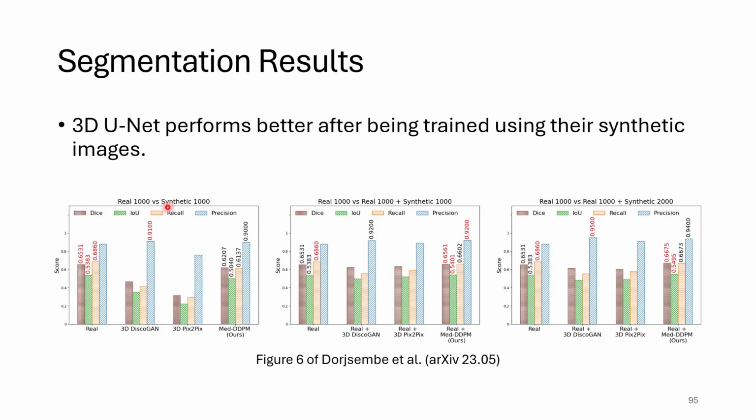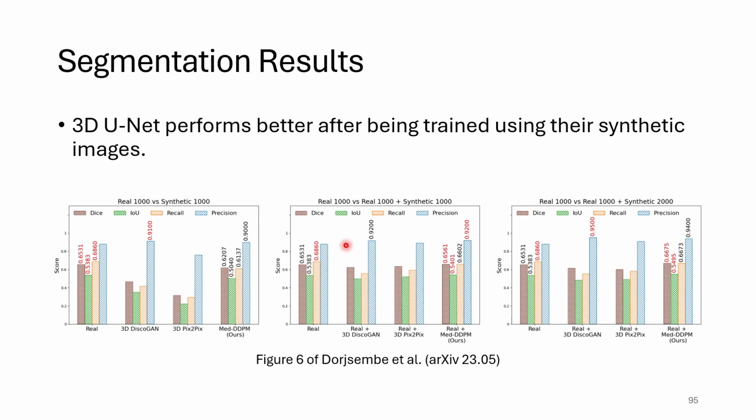Okay, so this is the first setting. If only real images are used, that is best. But however, if they increase, in this case, all of the three results are trained on the synthesized dataset.